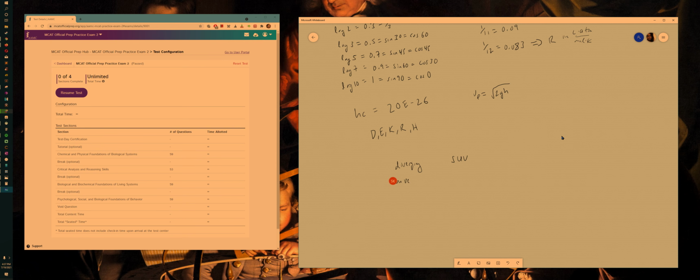For converging, it's basically going to be this pattern: tiny inverted real image, smaller inverted real, same size inverted real, larger inverted real, no image, and then larger upright virtual.